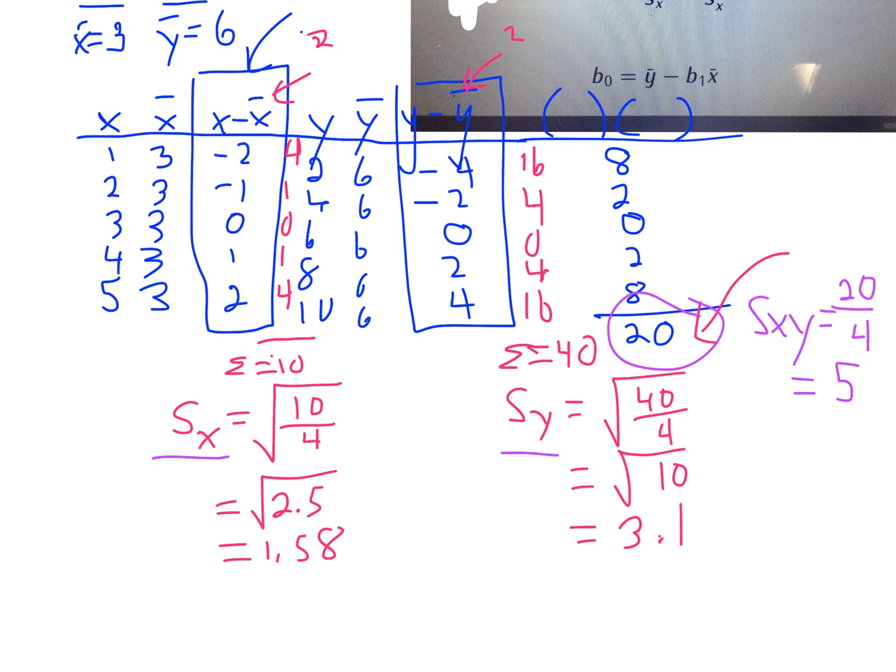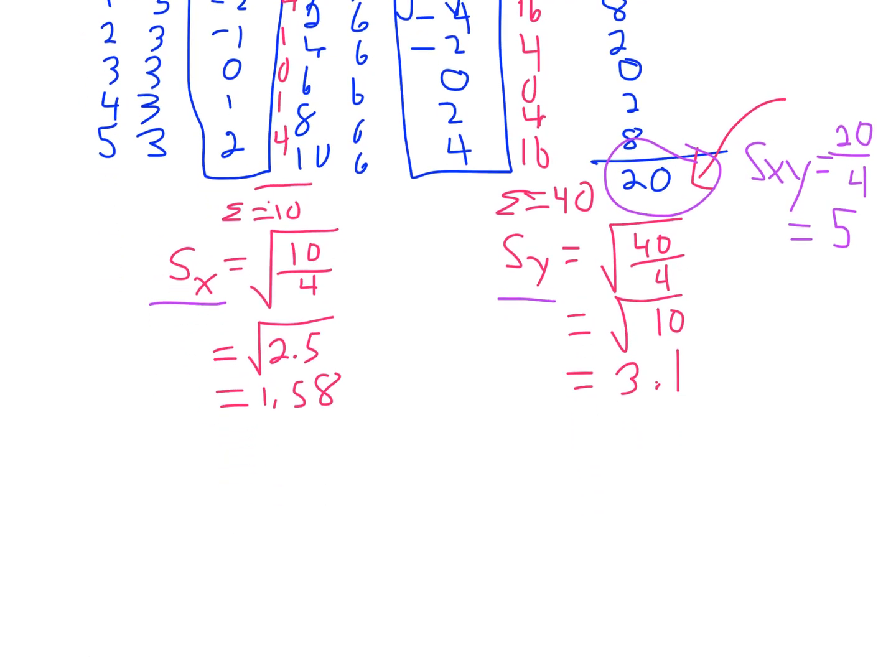Okay, so now to calculate our R value, just to finish off here, let me move this stuff up. Oh man, the iPad is not playing along today. So R is going to be your covariance, which was 5, over your Sx times your Sy, your standard deviations.